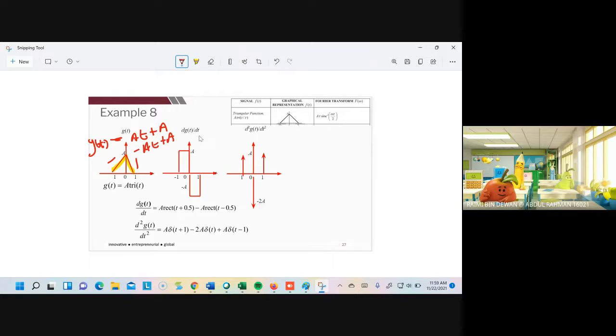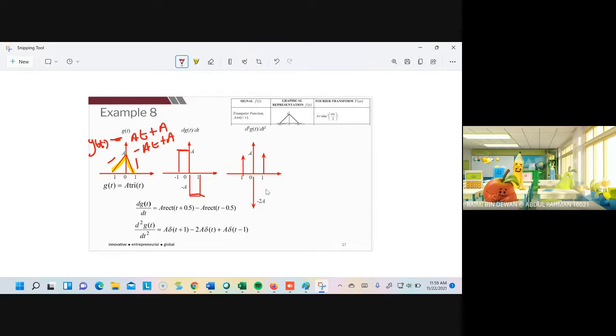When we want to differentiate, still in the time domain, you differentiate this one and you only have the constant, which is a. And the next, when you differentiate this one, you have negative a here.